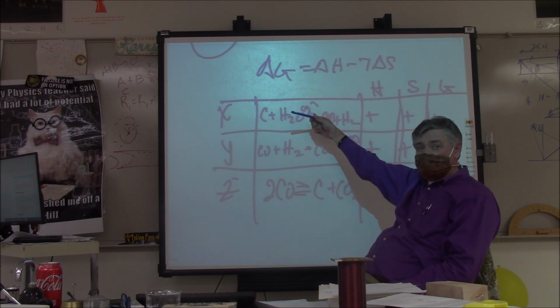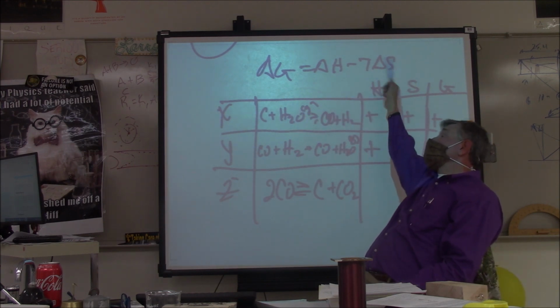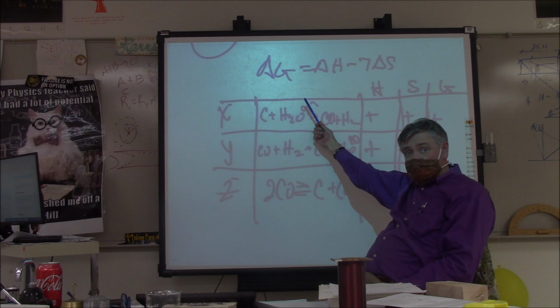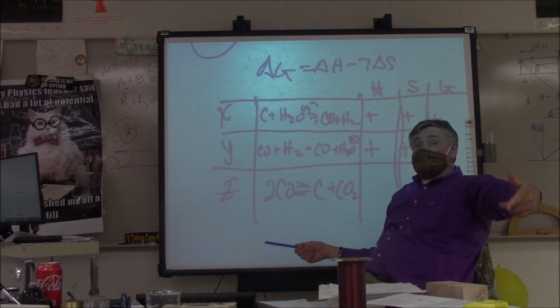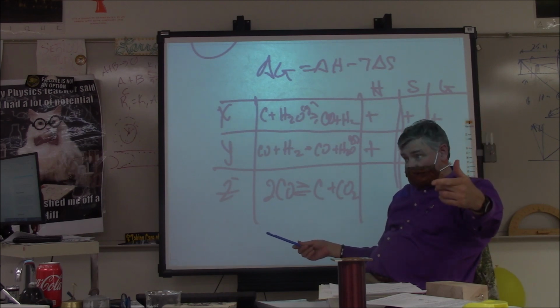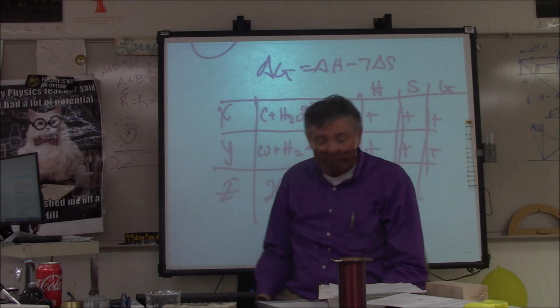Higher, yeah, because you want to make this term big enough so that when you subtract it from delta H, you get a negative delta G and it becomes spontaneous. That's what you're looking at. All right.